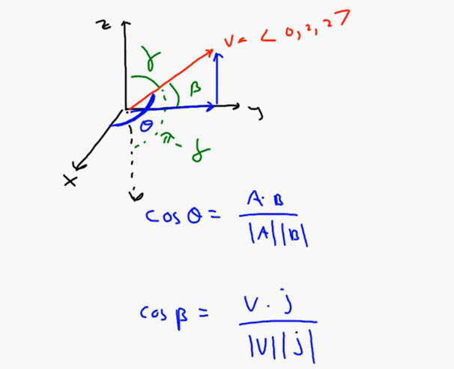I'm calling the angle between the y-axis and v beta, and between the z-axis and v gamma. So we can actually write some things down here. For example, the cosine of theta would just be v dot i over norm v. And now I could write norm i, but I don't need to, right? The norm of i is 1.